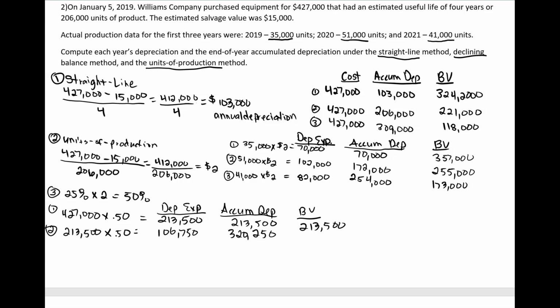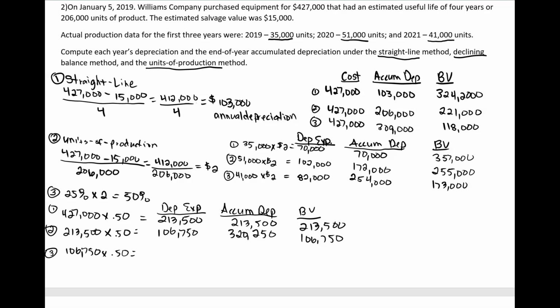Take the cost of 427, subtract accumulated depreciation, and you get 106,750 as the book value. That is the amount that we're going to start year 3 with. And for depreciation, we'll multiply that by 0.5.